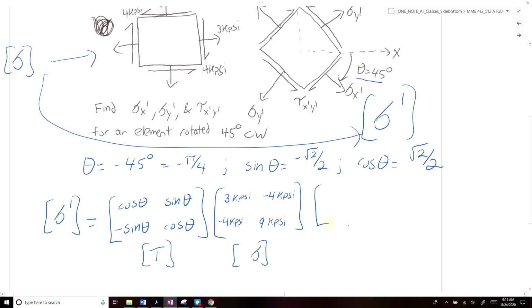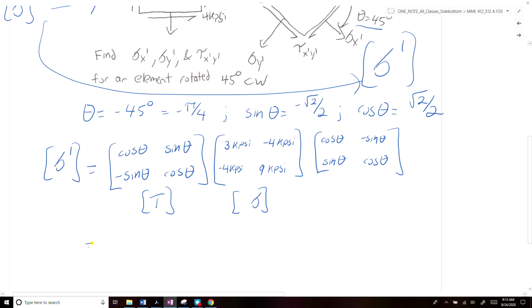And then we have our transformation matrix transposed, which is going to be equal to cosine theta, minus sine theta, sine theta, and cosine theta. If we evaluate this out, cosine of theta is radical 2 over 2, sine of theta is minus radical 2 over 2, minus sine of theta is radical 2 over 2, and cosine of theta is radical 2 over 2.